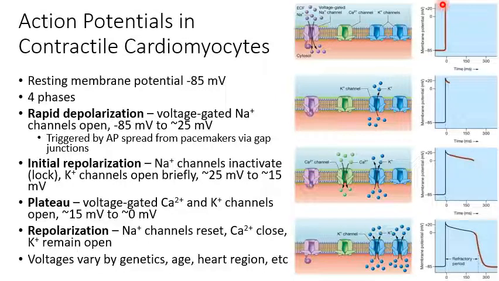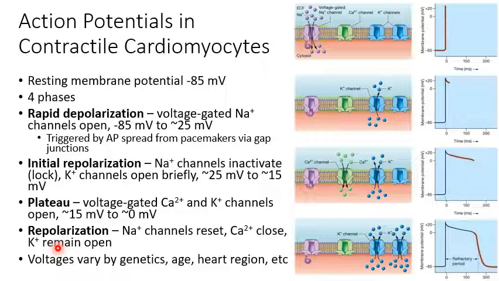But that number is kind of approximate. Actually, all of the millivolt numbers for these contractile cardiomyocyte action potentials are a little bit variable, so they're all kind of estimates. The specific voltages at which things occur in contractile cardiomyocytes is going to vary from person to person.